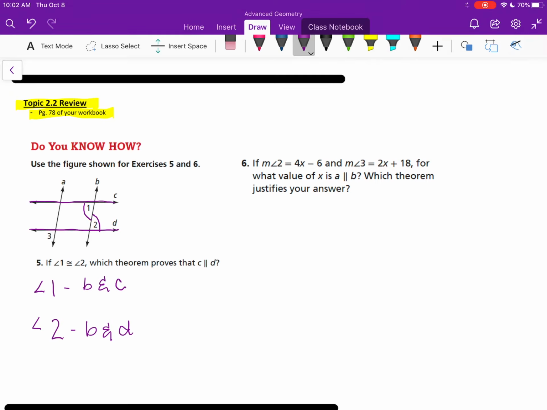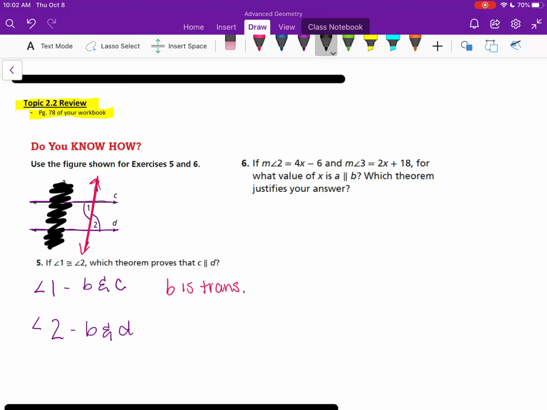Line B. So that means line B is our transversal. So B is the transversal that cuts line C and line D. So now we know we're not even looking at line A. We could literally get rid of it. We don't need it right now for what we're looking at.